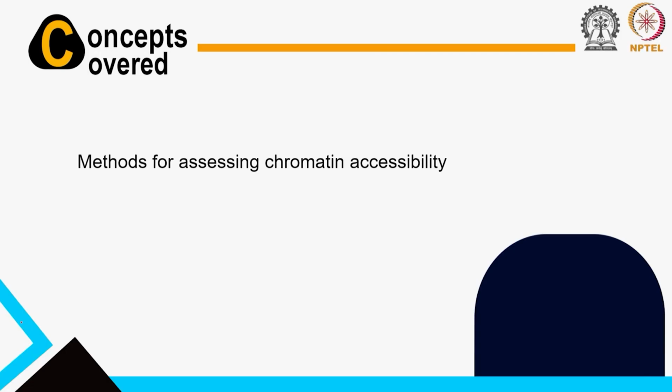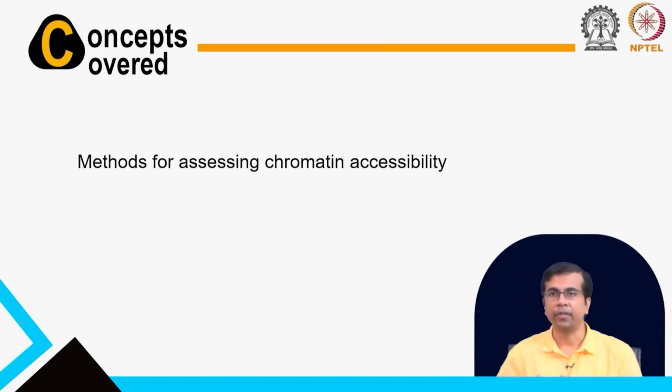So, we will talk about methods that can allow us to assess chromatin accessibility, and again the idea is very similar, right. We want to look at the role or the impact of the epigenome on gene expression. Okay. So, chromatin accessibility is a much broader term. We are mostly looking at open chromatin and closed chromatin regions, right.